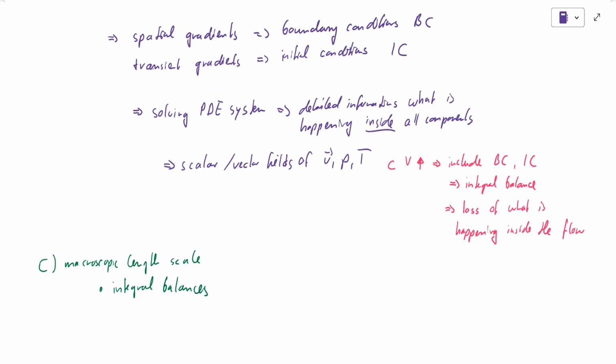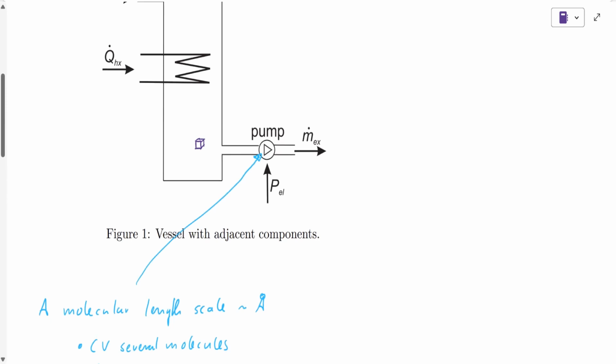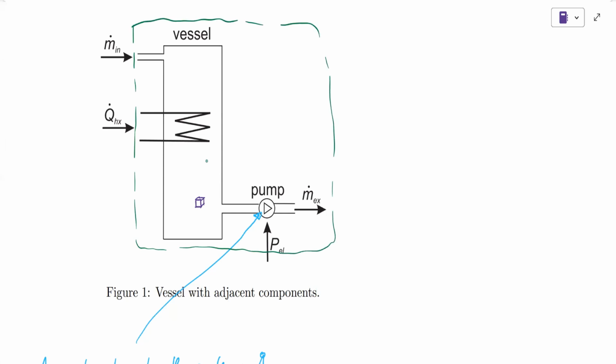So let's take the sketch again. The integral balance would be if my control volume would look like this. Then the whole system would be a part of my control volume.